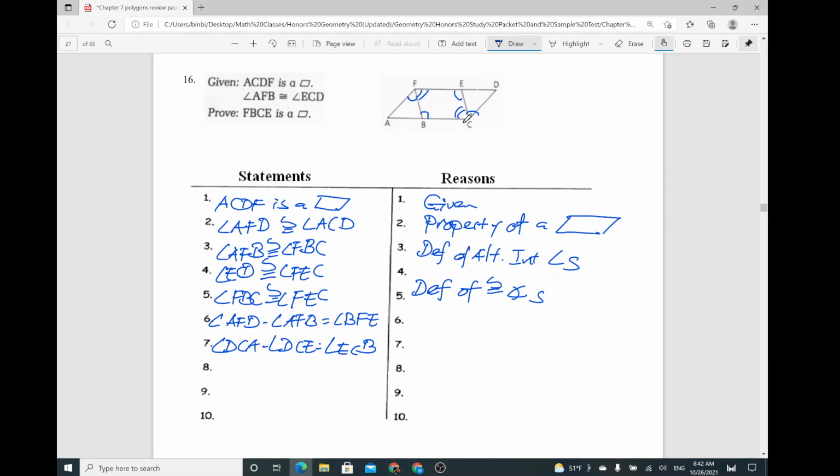So again, we just want to prove that the opposite angles are congruent for the small parallelogram. So this will be using angle subtraction postulate, and therefore angle BFE is congruent to angle ECB. Definition of congruent angles again.